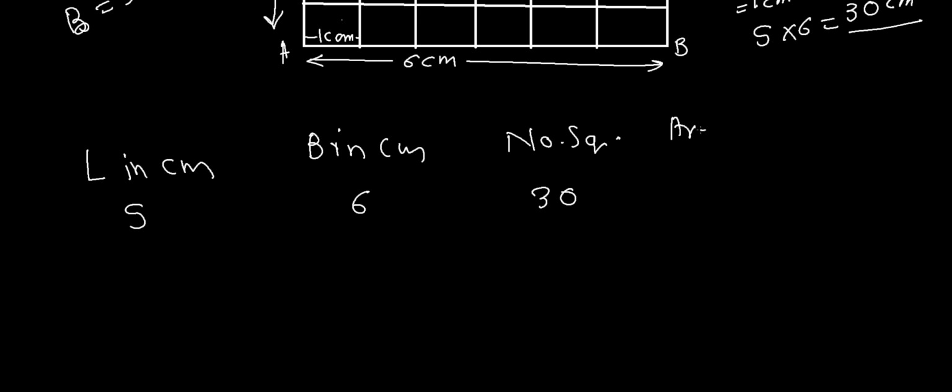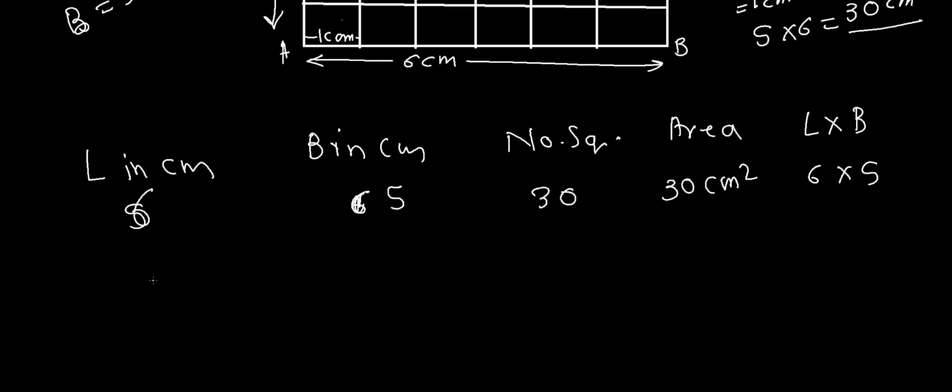So the area is 30 centimeter square. If we see in terms of length into breadth, sorry, the length is 6 and the breadth is 5. So in terms of length into breadth, we are getting 6 into 5.